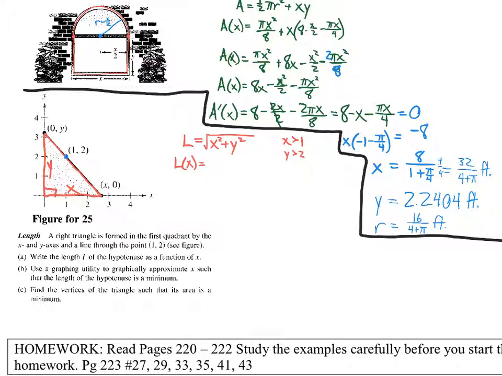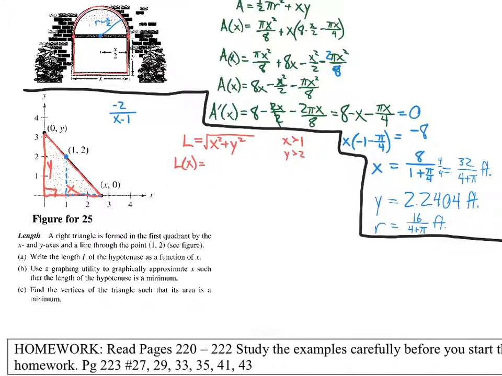If we tried to just take the slope, say from 1, 2 to the point x, 0, and then use point slope form, we'd actually end up coming out to 0 equals 0, which is a problem. So what we actually need to do is we're going to do that slope. The slope would be negative 2 over x minus 1. Okay? 0 minus 2 is negative 2. X minus 1 is your run.